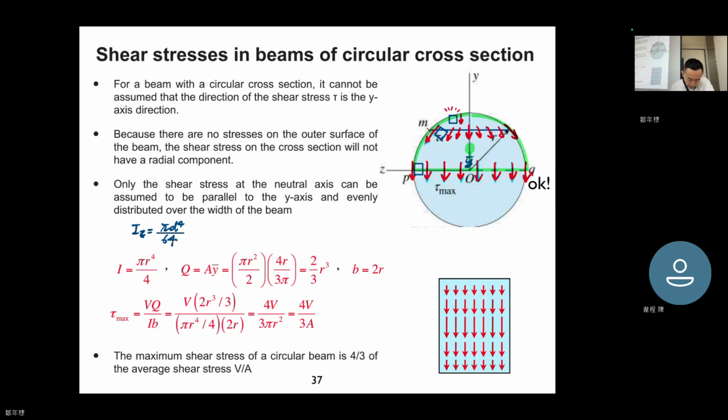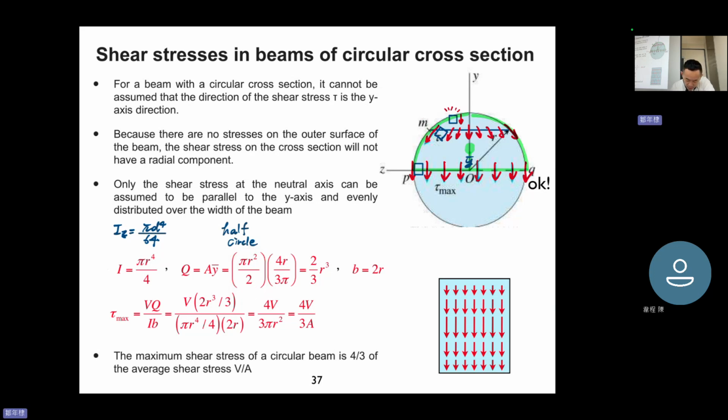Okay. And then because this is a half circle, so this is half circle, pi r squared divided by 2. Okay, the half circle area.